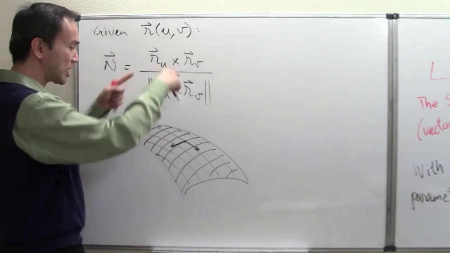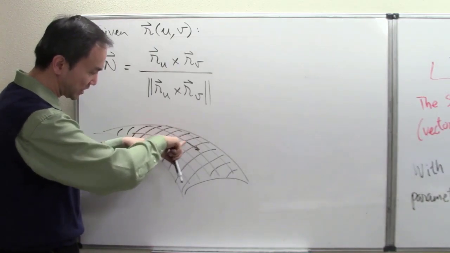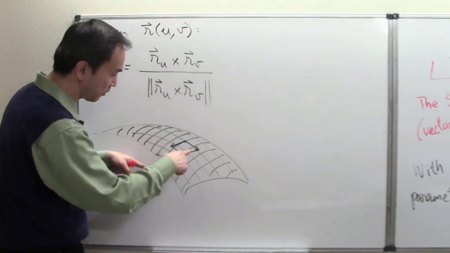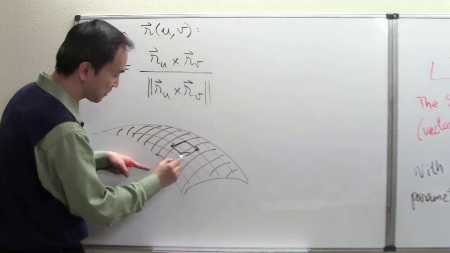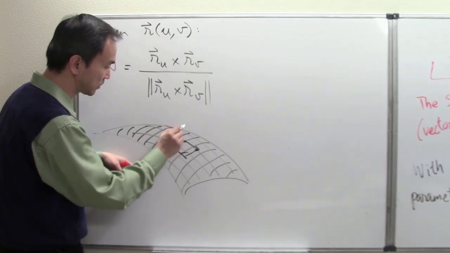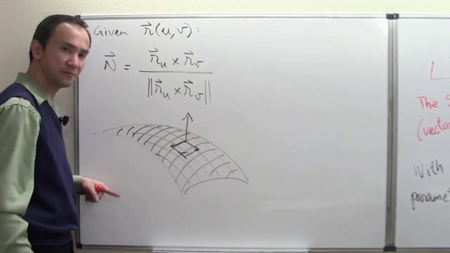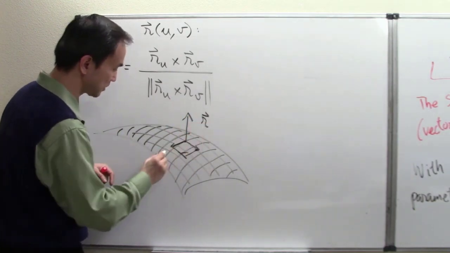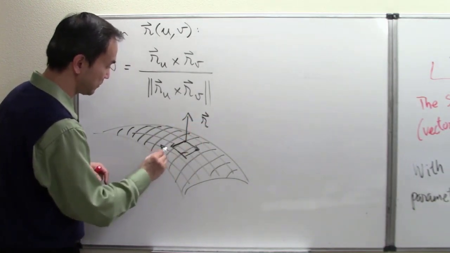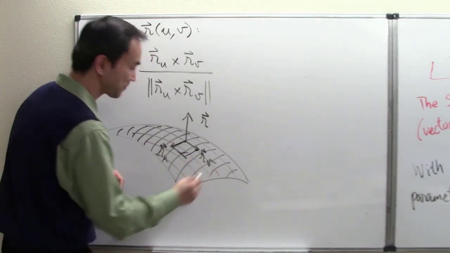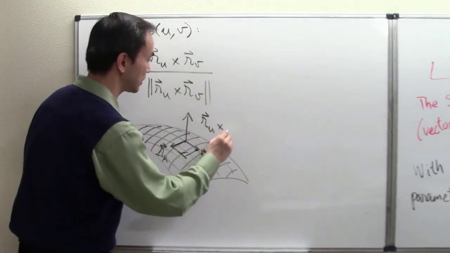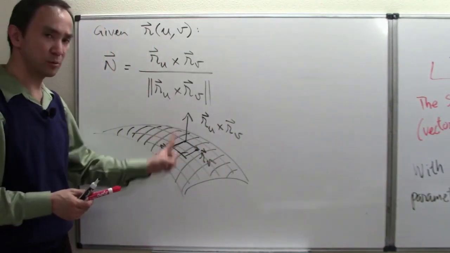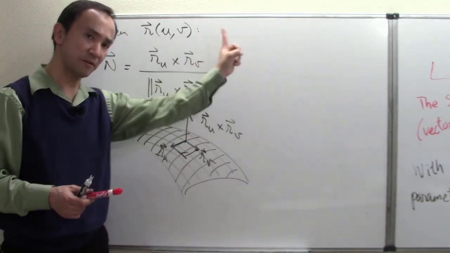That's why we take the cross product. These two vectors define a small tangent plane, and the normal vector must be perpendicular to the tangent plane at that point. So to find a normal vector, we simply take the cross product. This is R_u and this is R_v. R_u cross R_v will give us a normal vector that points away from the surface.